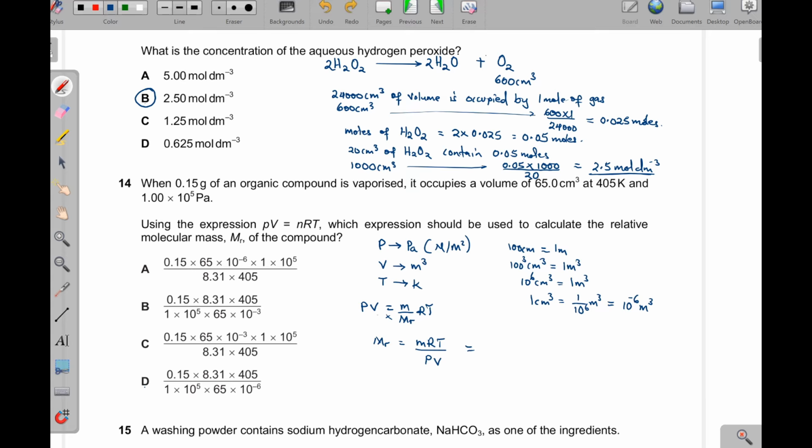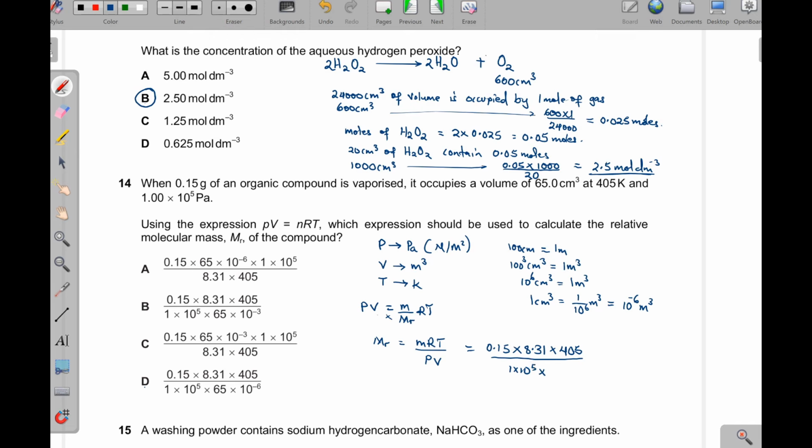Now, what is the mass? The mass is 0.15, then times R, which is 8.31, that is the molar gas constant, then times the temperature. Temperature is given as 405 kelvins. So if it is given in degrees C, remember to add 273 to convert it to kelvins, right? Then we shall divide by the pressure, which is 1 times 10 to the power of 5.